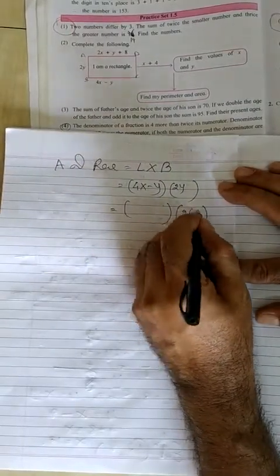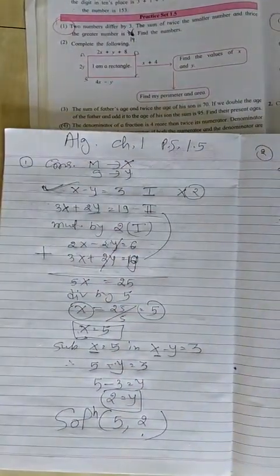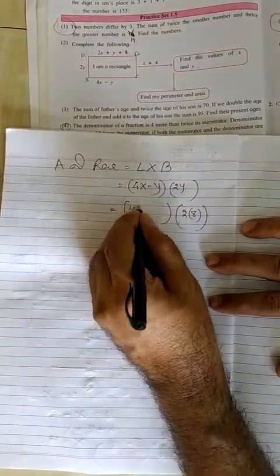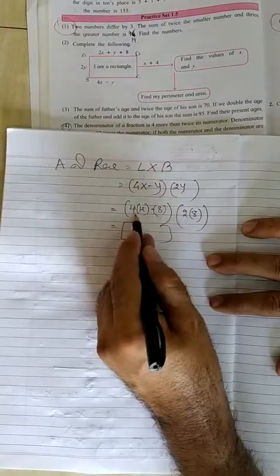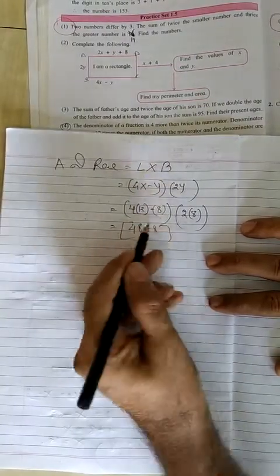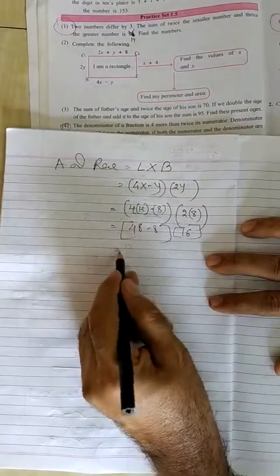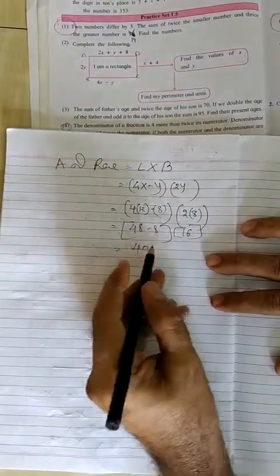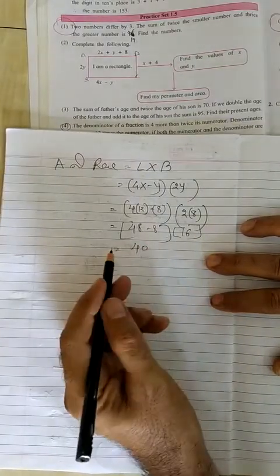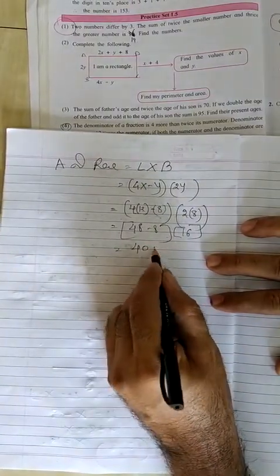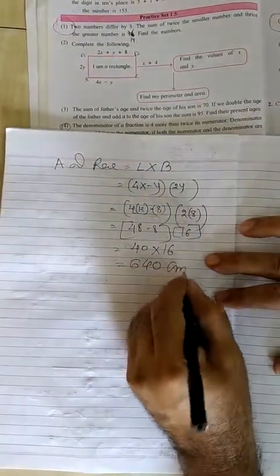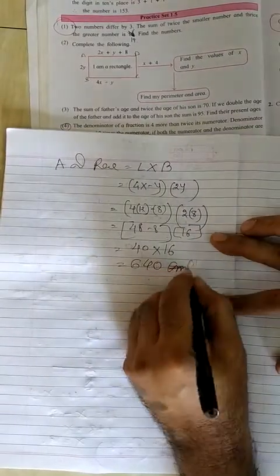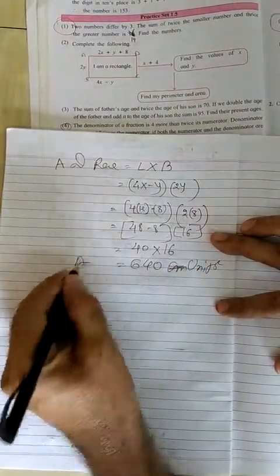So 2 into what is y? 8. x is 12. 48 minus 8 is 40, times 2 into 8 is 16. Centimeter is not given, so the unit is square units of area.